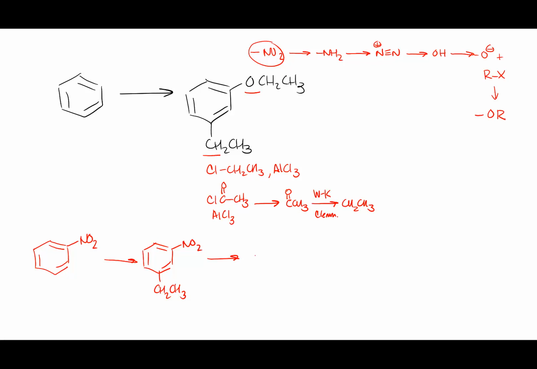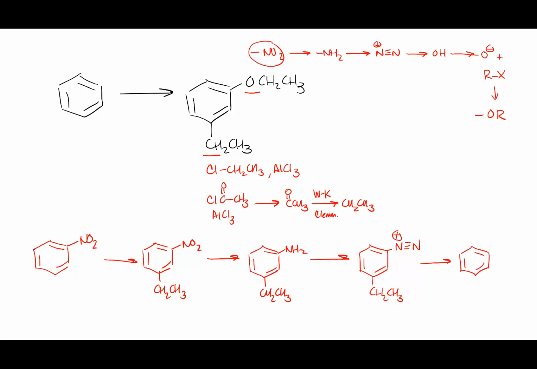Now let's convert the nitro group to the NH2 group. Let's convert the NH2 group to the diazonium salt. Let's convert the diazonium salt to the OH. Too early for the O-.